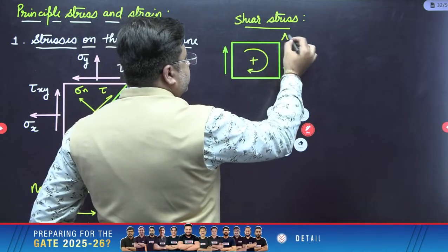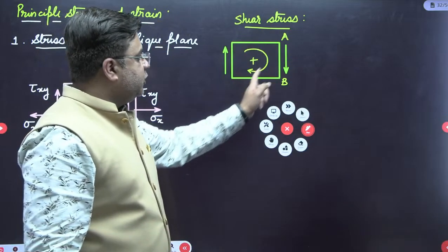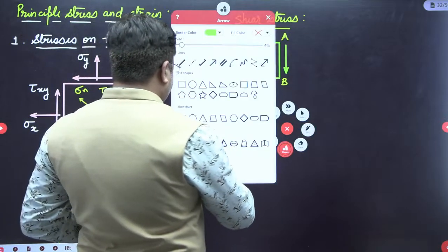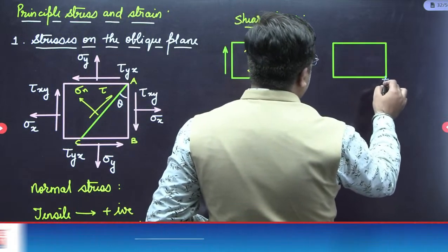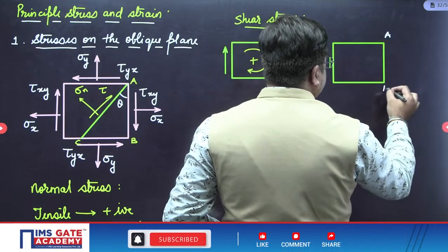You have to observe this reference plane AB. Over this reference plane, if the shear stress gives the clockwise sense of rotation, it is positive. But if the shear stress gives the anti-clockwise sense of rotation on the reference plane AB, then it is taken as negative.